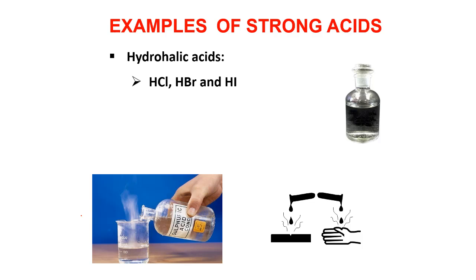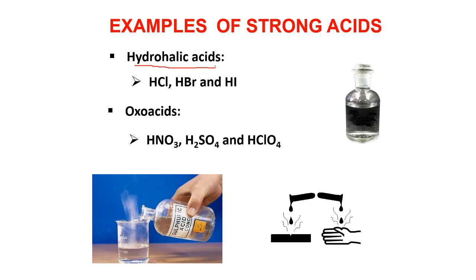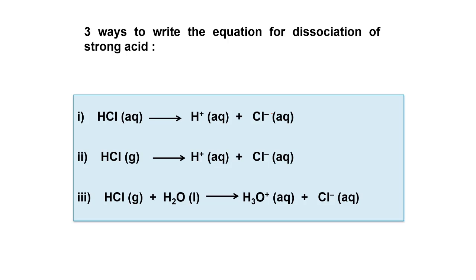Those are examples of strong acids. They are categorized as strong acids and they are hydrohalic acids, acids that contain halogens. Right, next. Also acids such as nitric acid, sulfuric acid and perchloric acid. These are examples of strong acids.